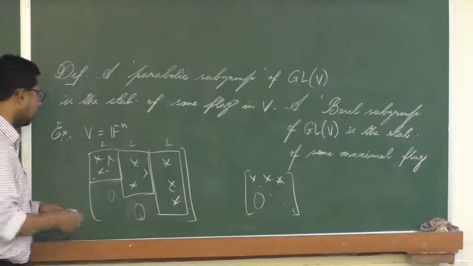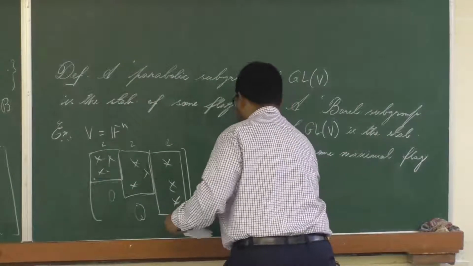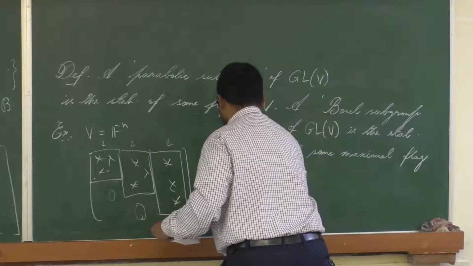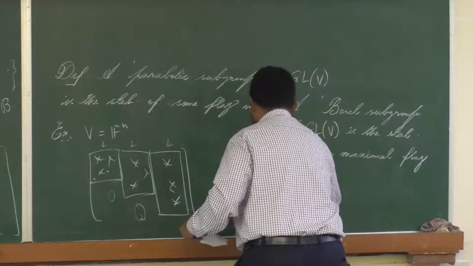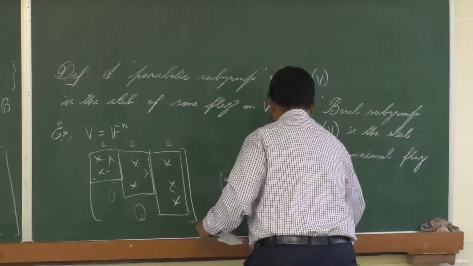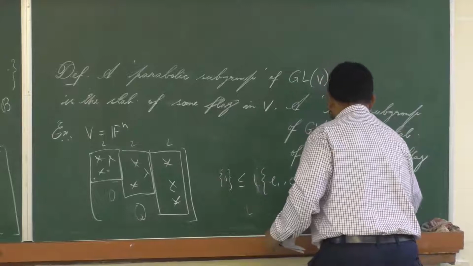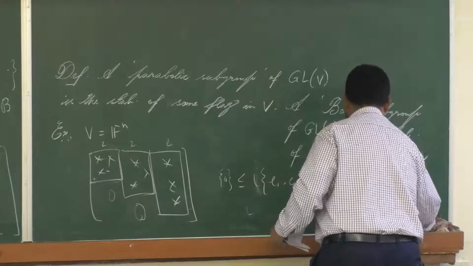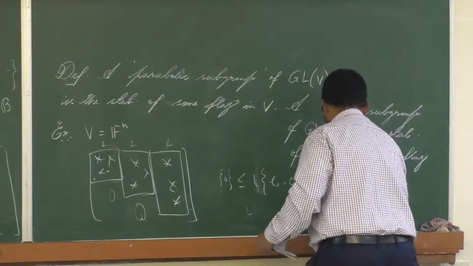Here, for example, we have the trivial subspace, then the linear span of E1, E2, then E1, E2, E3, E4, then finally F^6.